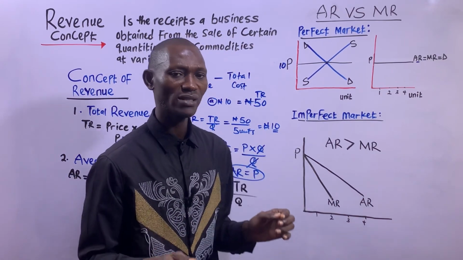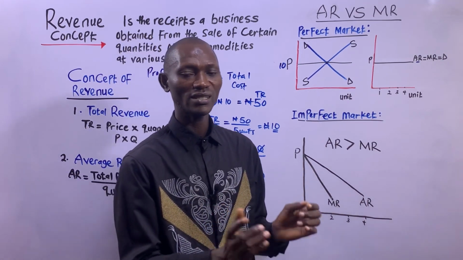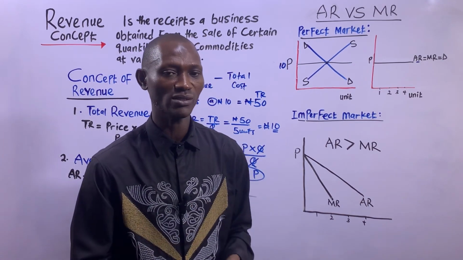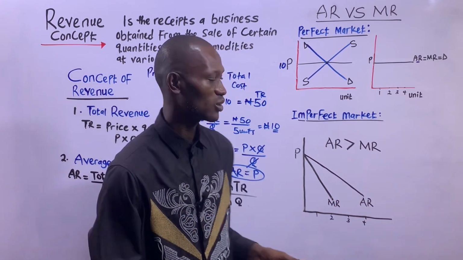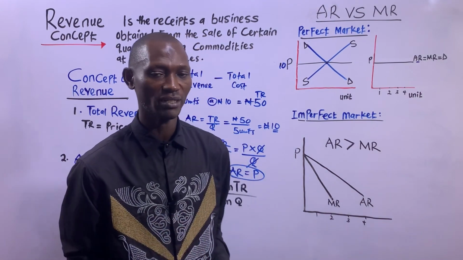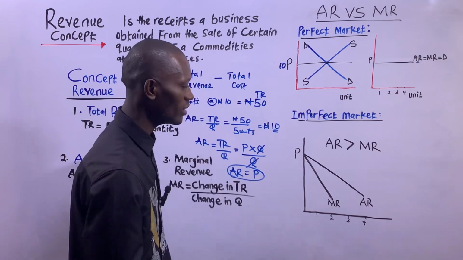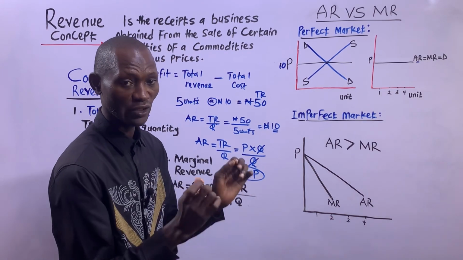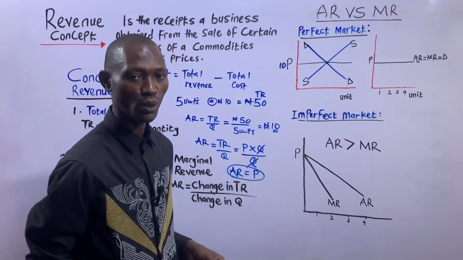And market power simply means the ability of each firm to set price, to have fixed price for its products, rather than being a price taker. So all the firms in an imperfect market are price makers rather than price takers. So what that means is that the demand curve for the industry in an imperfect market is downward sloping.